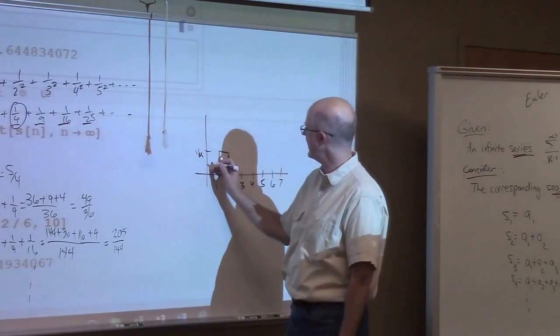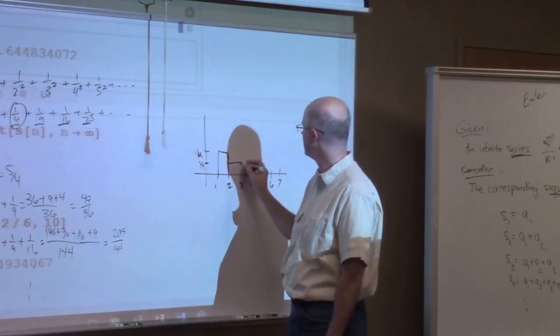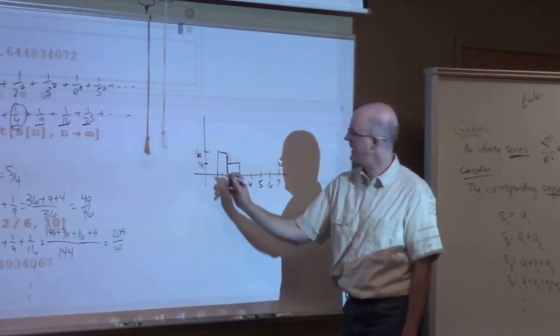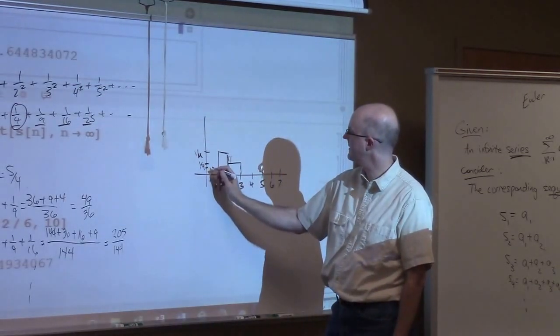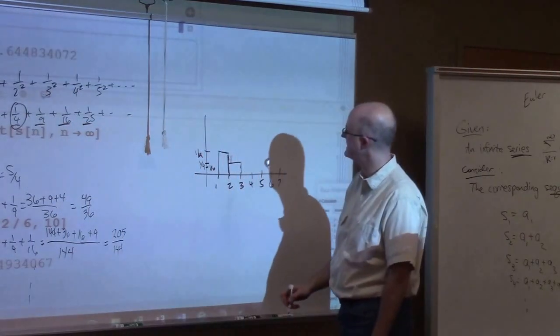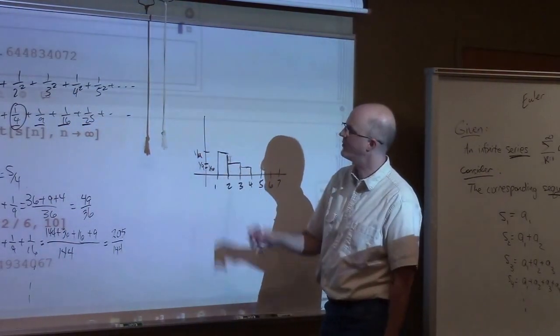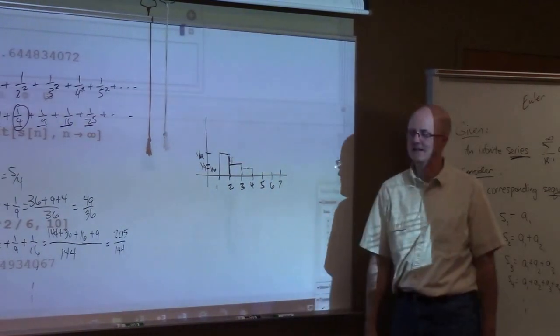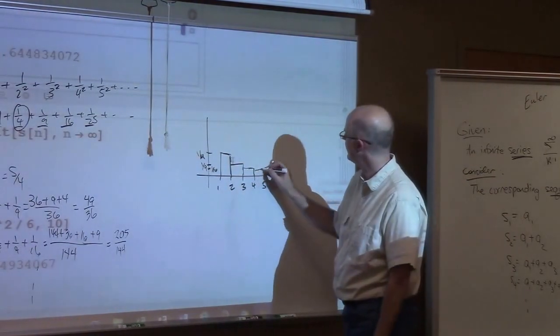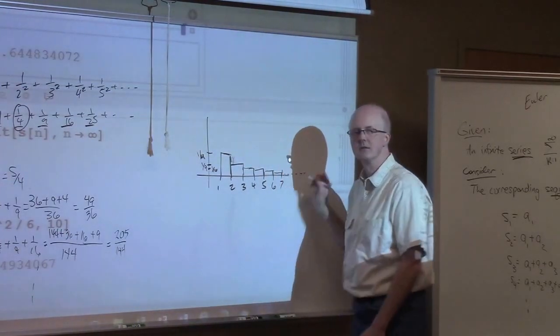For your next rectangle, make it have a height of 1/9. For the next rectangle, make it have a height of 1/16. The numbers we keep adding here, the terms in the series. Then 1/25th, then 1/36th, etc. Get a bunch of rectangles going on forever.